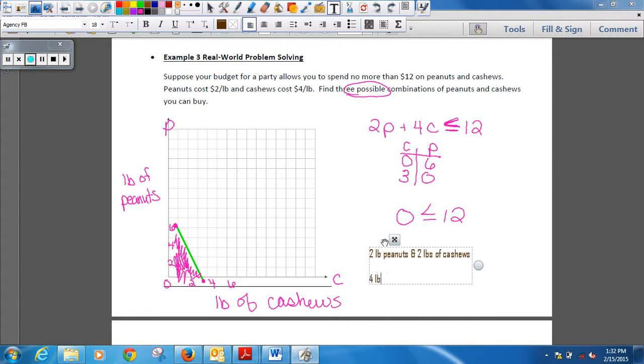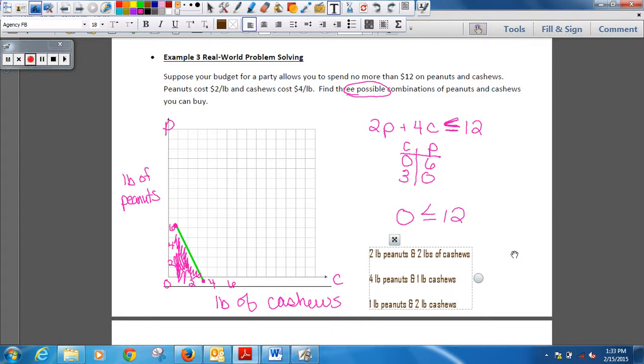I'm going to use 4 pounds of peanuts and 1 pound of cashews. And then the last one I'm going to use is 1 pound of peanuts and 2 pounds of cashews. And then we'll look at these combinations and I'll show you why they work.